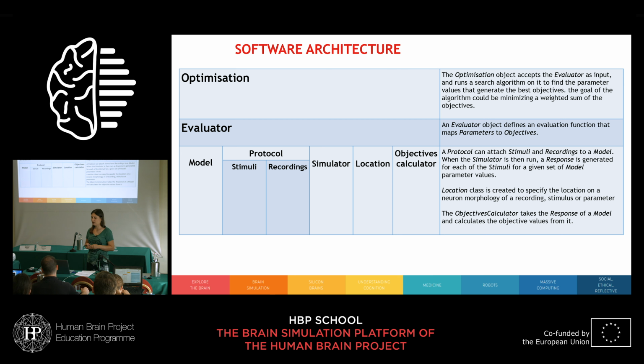For example, the protocol class can attach stimuli and recordings to the model, and when the simulation is then run, a response is generated for each stimulus for a given set of model parameter values. Another class, location, is created in order to specify the location on a neuron morphology of a recording, stimulus or parameter. And then the objectives calculator class takes the response of a model and calculates the objective values from it.